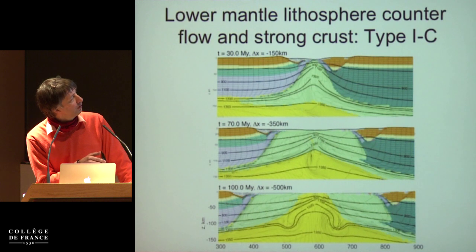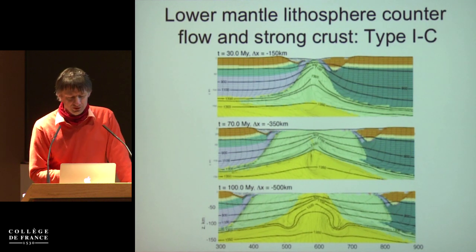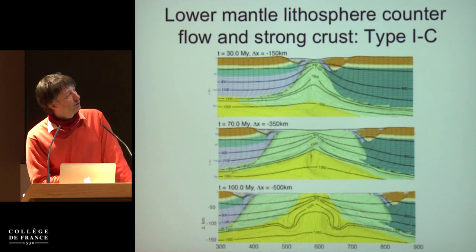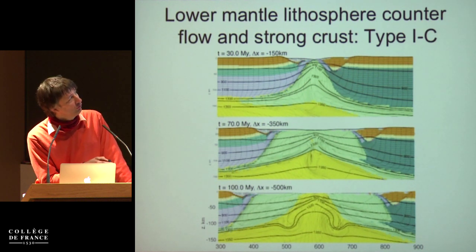And so if we now include this effective mobile lower lithosphere in forward models that produce narrow rifted margins by making the crust strong, we observe that the crust again ruptures in a very narrow rift manner.